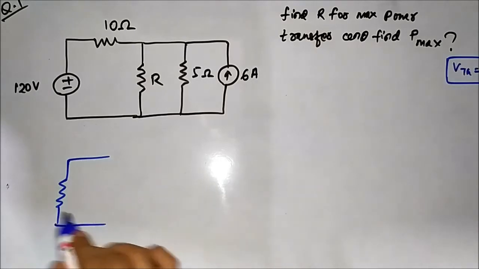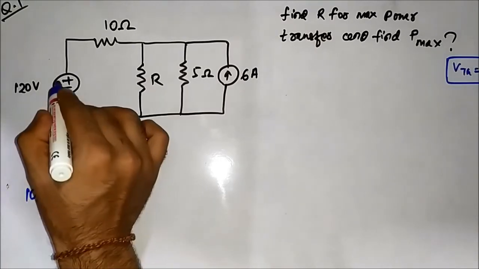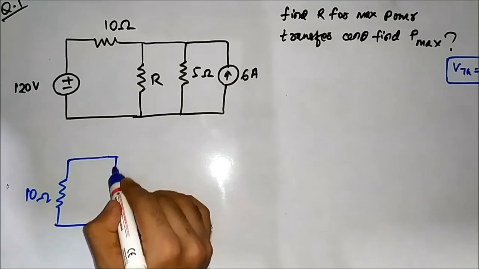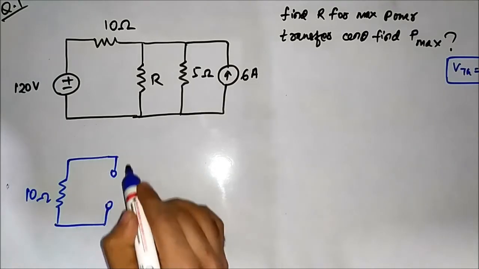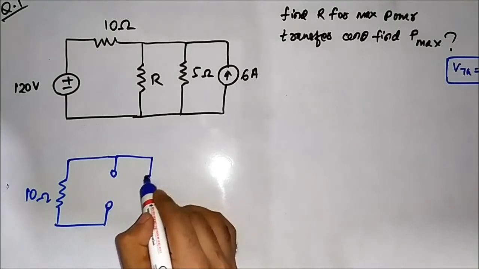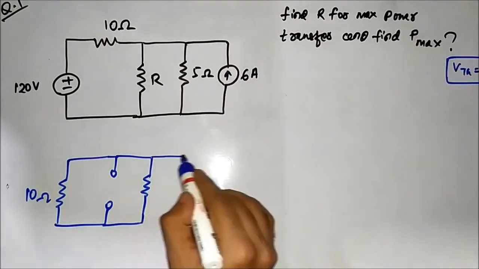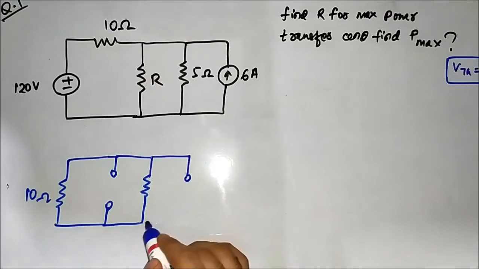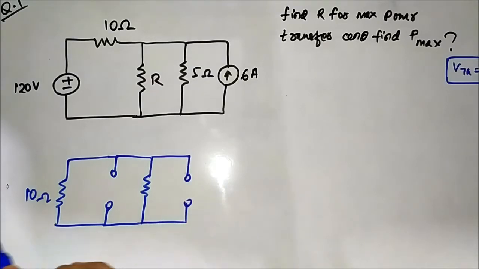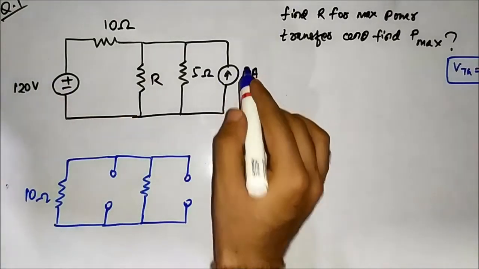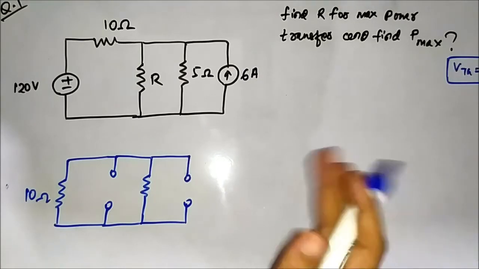Okay, the 10 ohm resistor will come here because as it is short circuited, it will come here, and then we have this 5 ohm resistor, and the 6 ampere current source will be open circuited. Voltage sources are short circuited, current sources are open circuited.